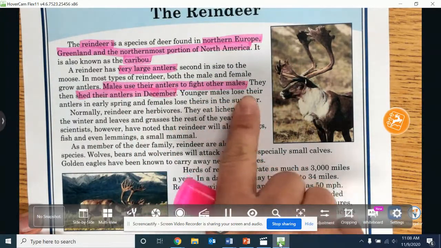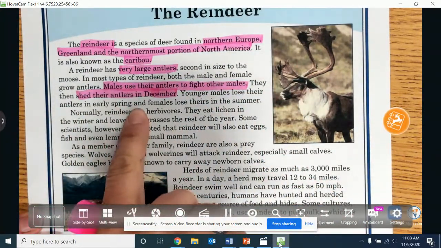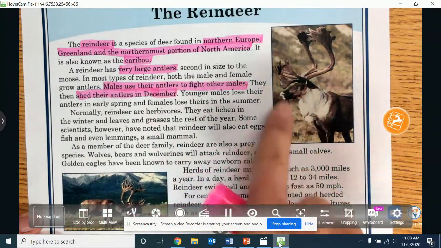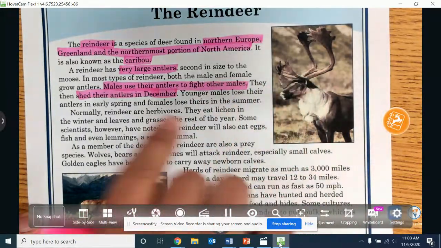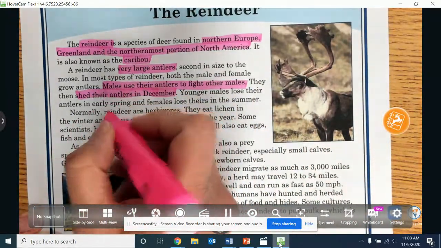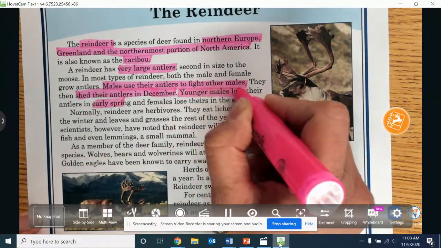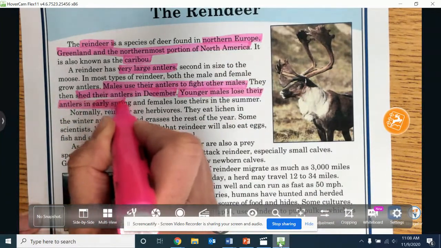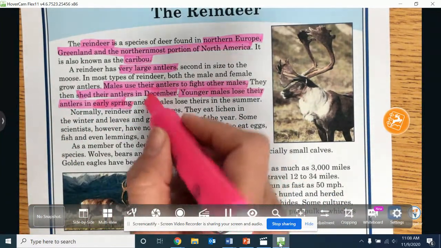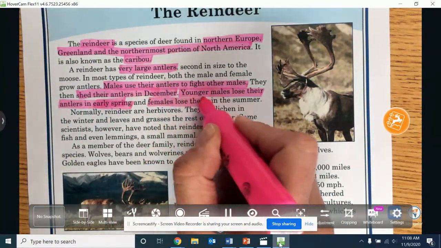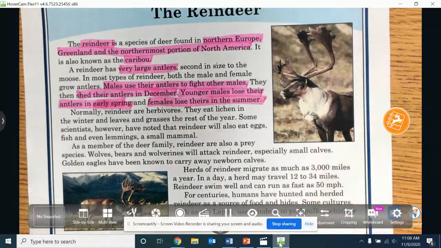Younger males lose their antlers in early spring. So the younger the reindeer is, the later in the spring it's going to lose them. And the female reindeer, they don't lose theirs until the summer.